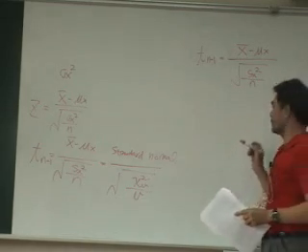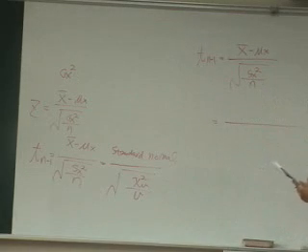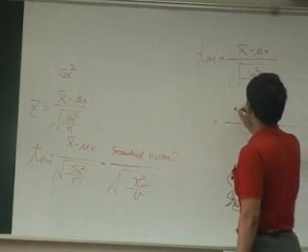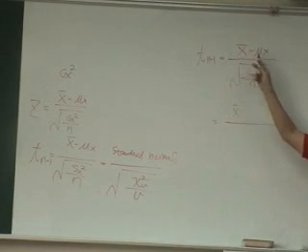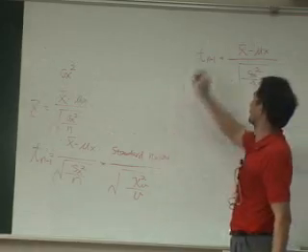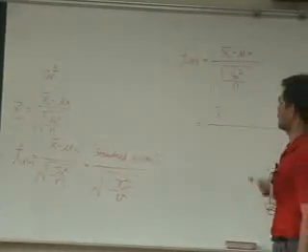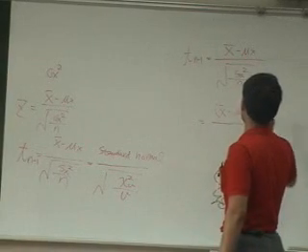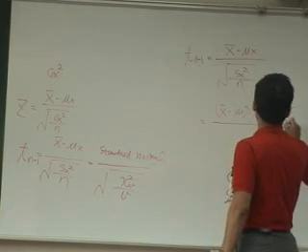Okay, then what we're gonna do is this. First thing first, you want to transform the numerator into a standard normal. How do we get this into a standard normal? You take x bar minus mu x and divide it by the square root of sigma x squared over n.